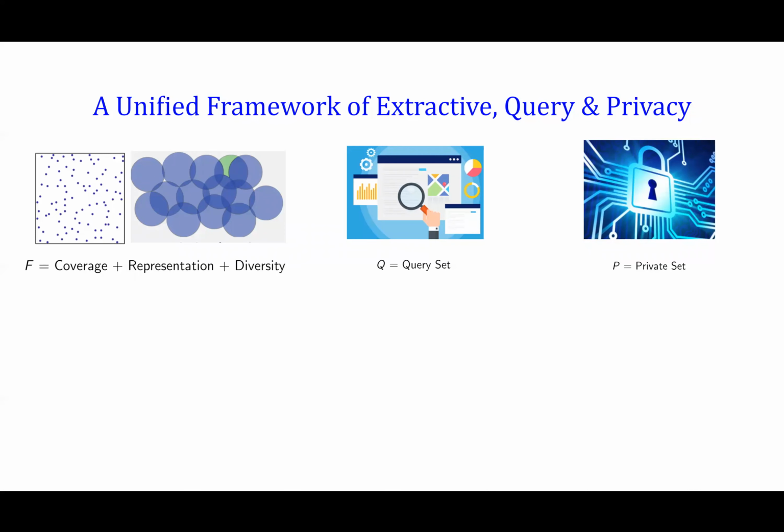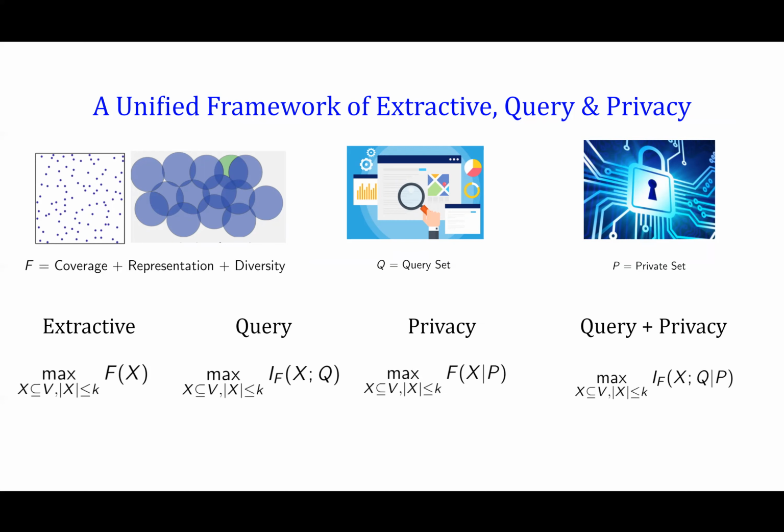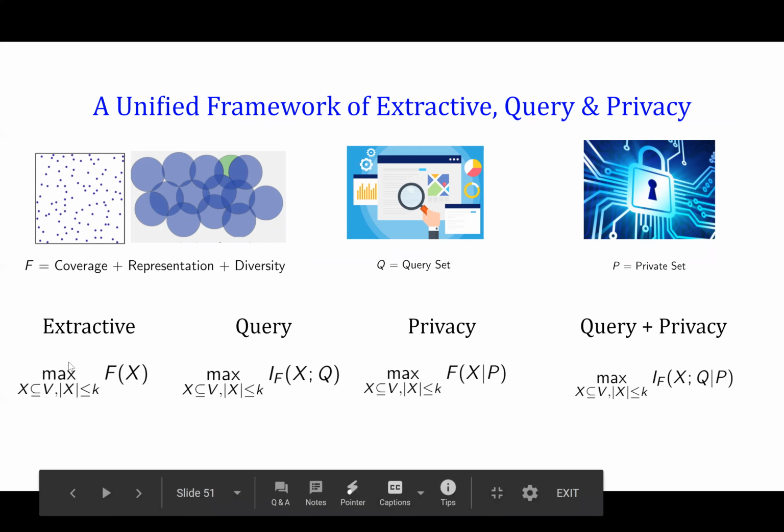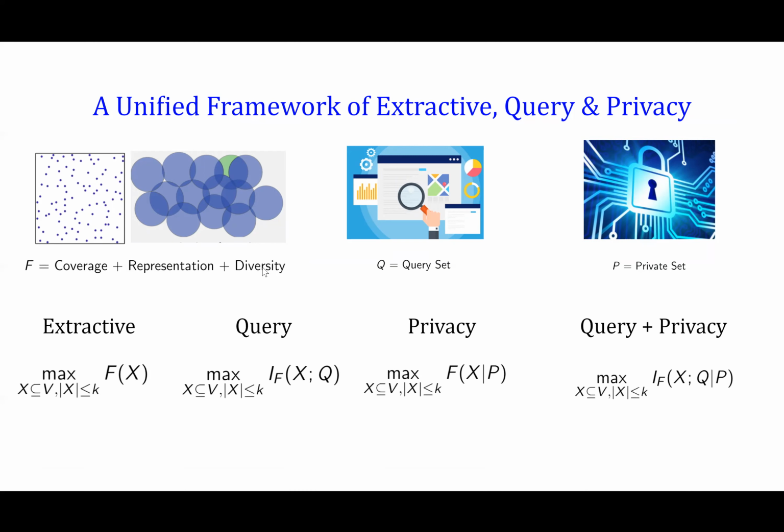So we shall present a unified framework of data summarization, and this unified framework will use the information functions, right? The basic framework is without any query or privacy restrictions. You just maximize f(X), right? So f(X) is the information content. It could be some kind of coverage plus representation plus diversity.